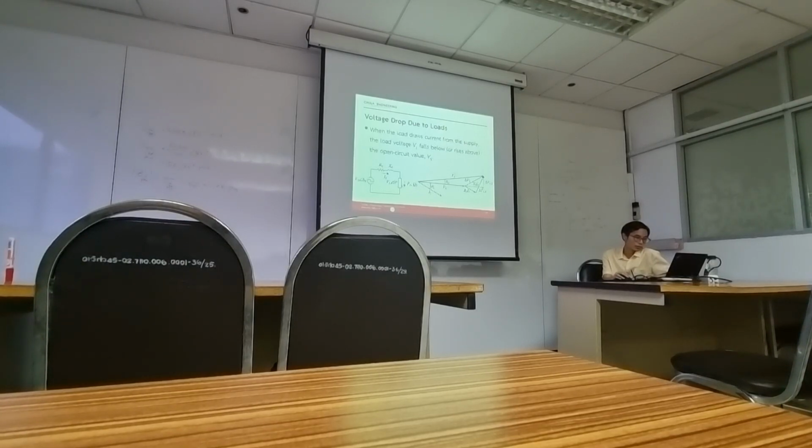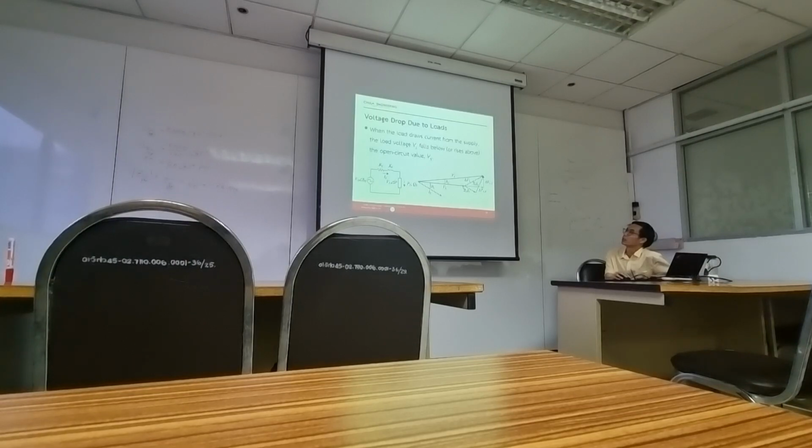If you draw a phasor diagram from this circuit, you have this one. The load voltage VL angle is 0 degree. This is the reference. We set the angle of the load voltage to be 0 degree. Then we have voltage drop across RS and also XS.